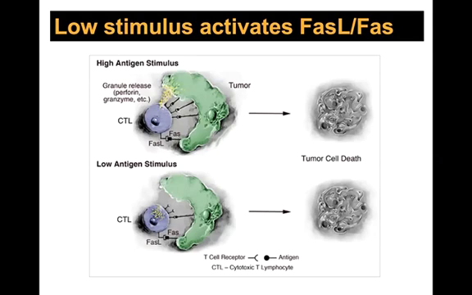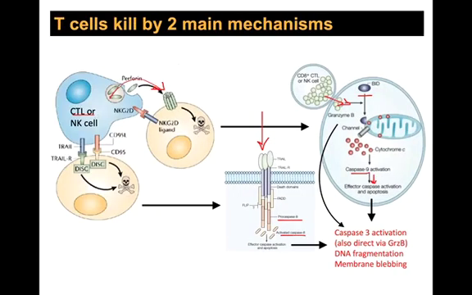Dr. Blattman? Yes. Do both the CD95 ligand and the TRAIL ligand both need to bind at the same time in order to induce this pathway? No, either one of them can do it separately. For the FAS protein, this is FAS ligand binding to FAS.